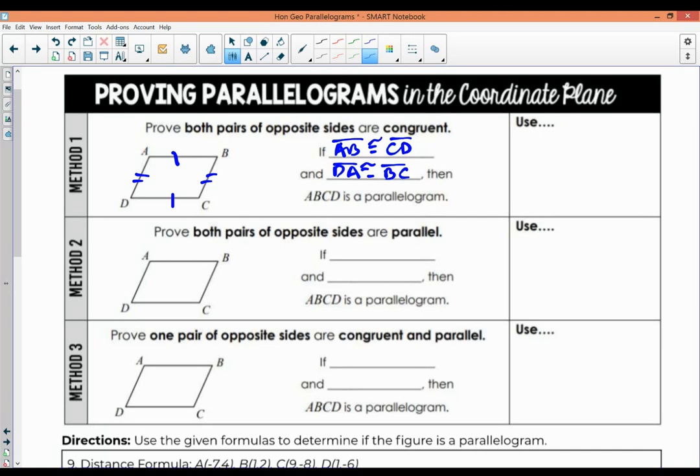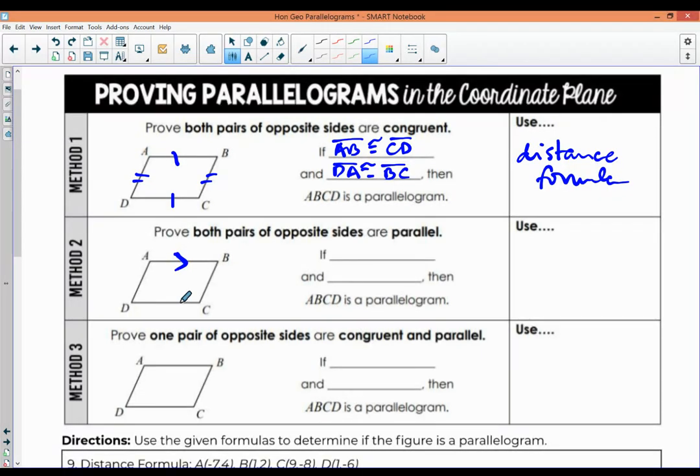Since we're not actually measuring, like with a ruler or anything, we're going to use the distance formula for that. Another way that we can prove that a quadrilateral is a parallelogram is by proving that both pairs of opposite sides are parallel.